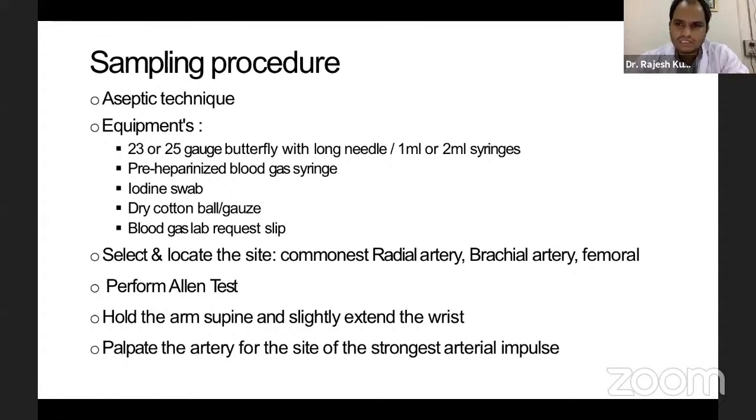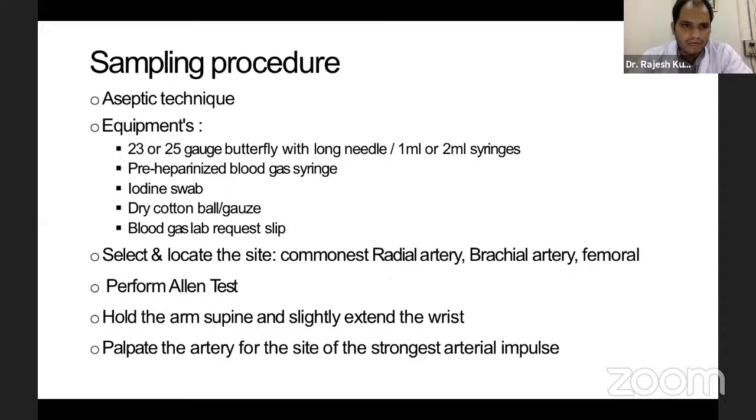First, a 1 ml sample is sufficient for doing an ABG. And by using syringes larger than 2 ml, the pressure you are giving to an artery may cause the artery to collapse, or you may get a mixed sample, means venous mixing can occur.